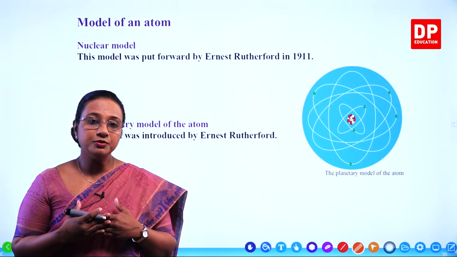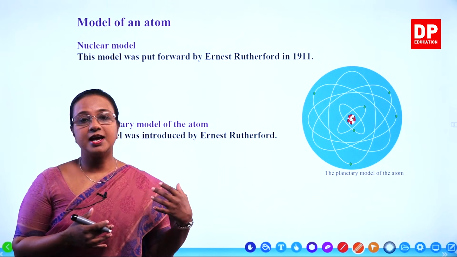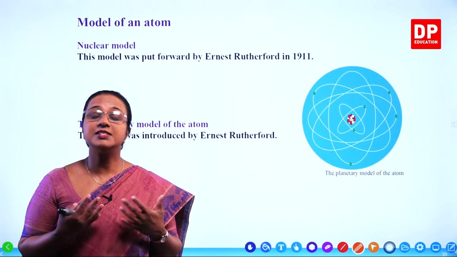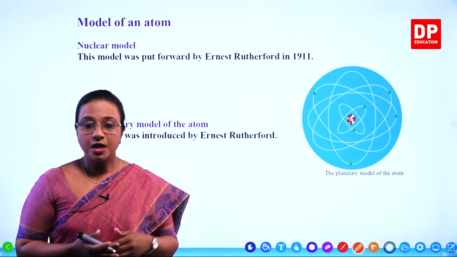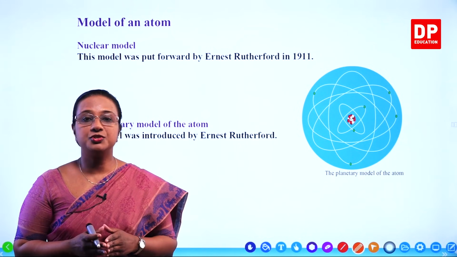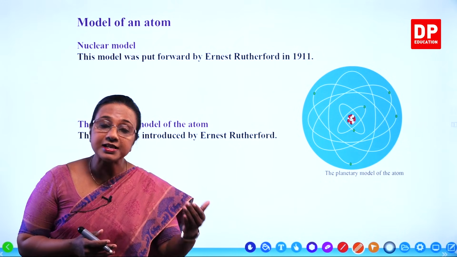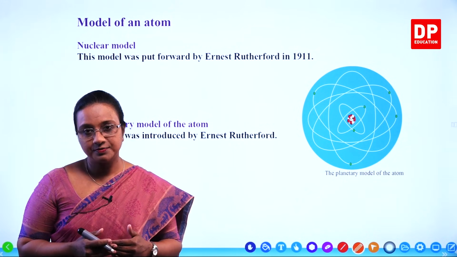So in order to do that, different scientists proposed different structures or models for the atom. But only a few of those structures were accepted models.